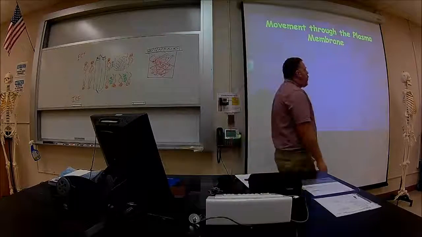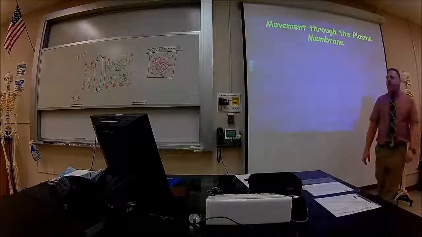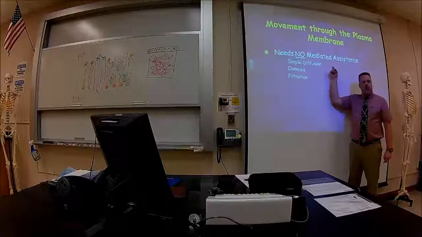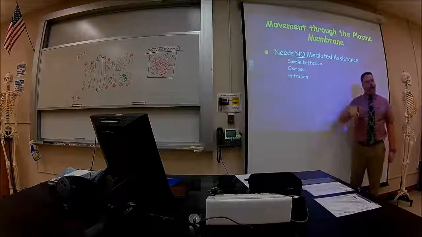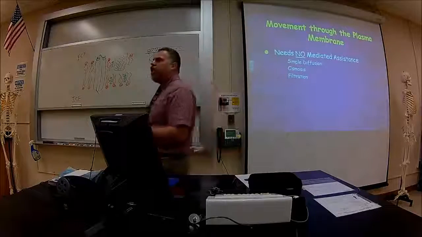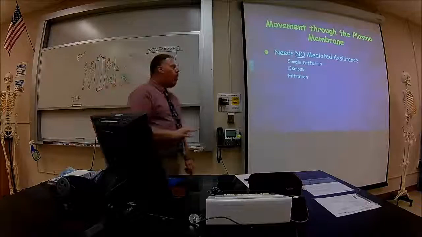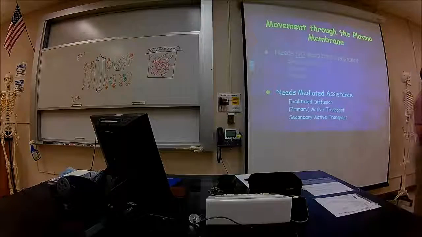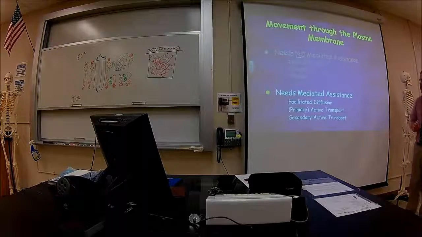So moving through the plasma membrane, we could break this up into two things. It either is going to need no assistance at all and is able to do that naturally. If the gates are open, they'll just come in. Or it's going to need some sort of assistance, some kind of push.